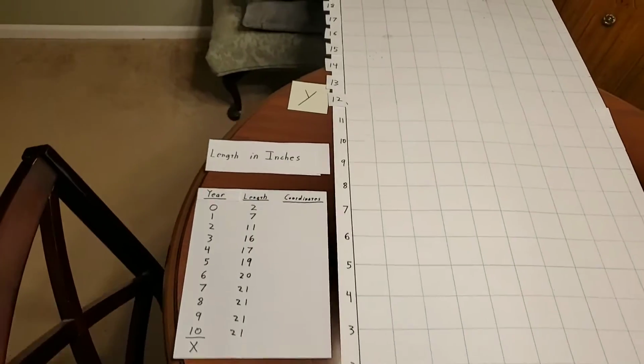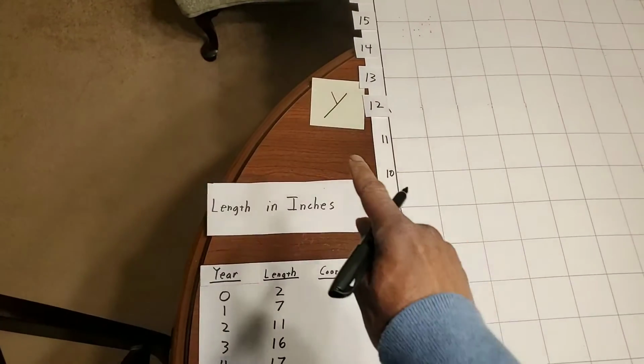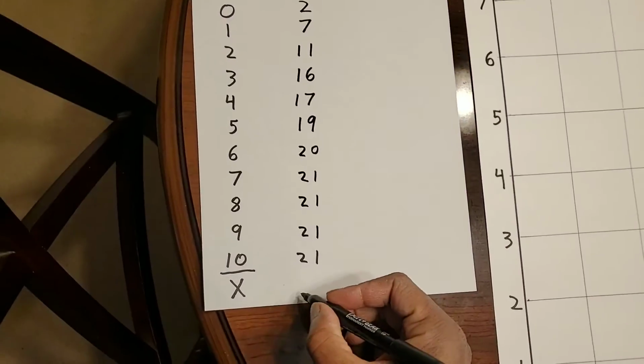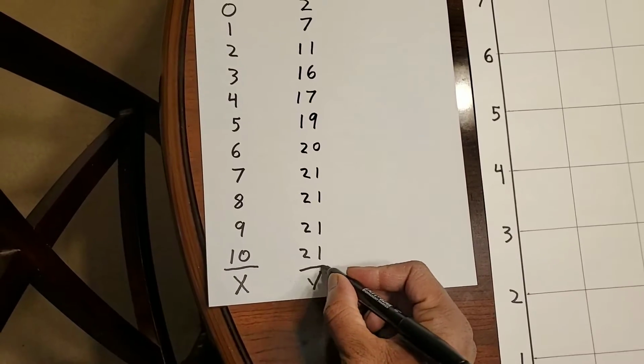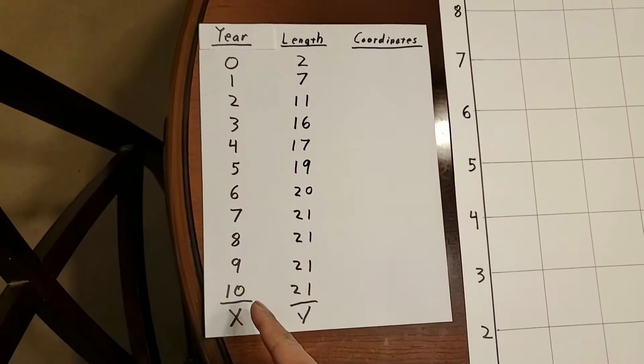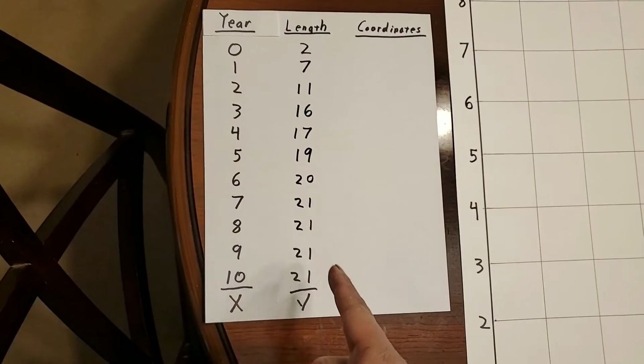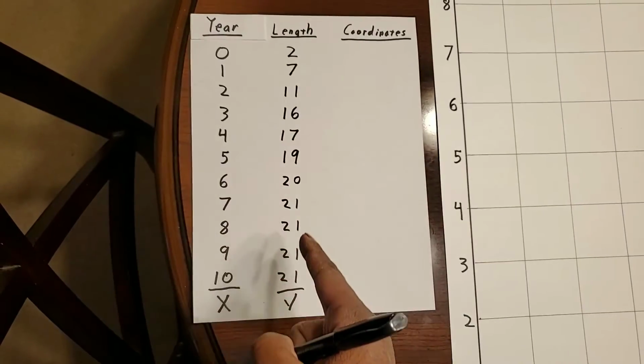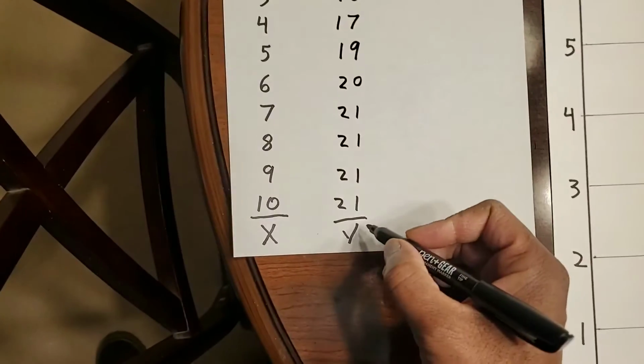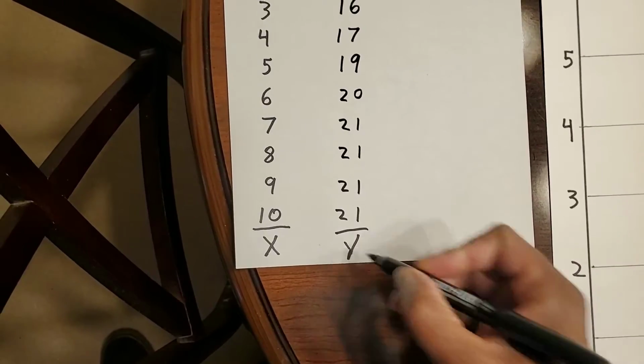And which one represents the inches? The y-axis represents the inches. So everything in this column is going to go on the x-axis. Everything in this column is going to go on the y-axis. Okay, let me fix that.